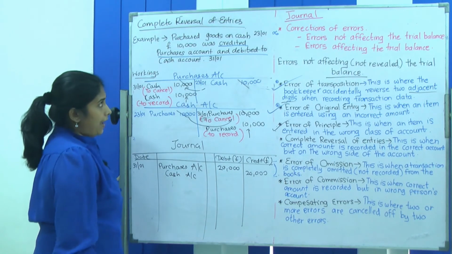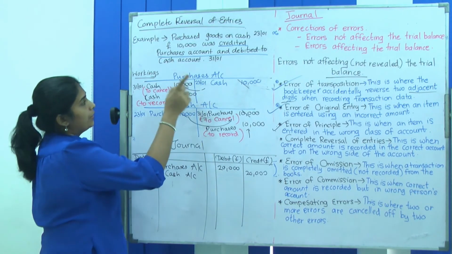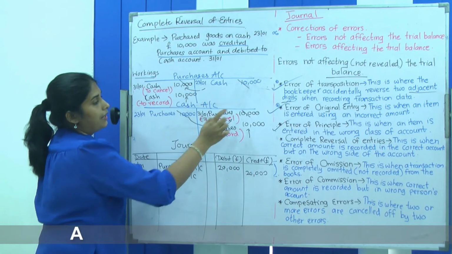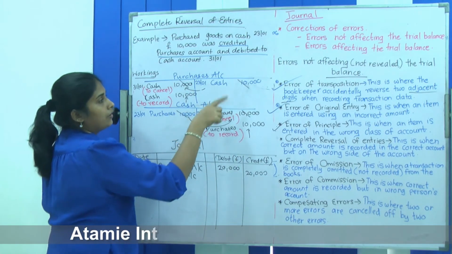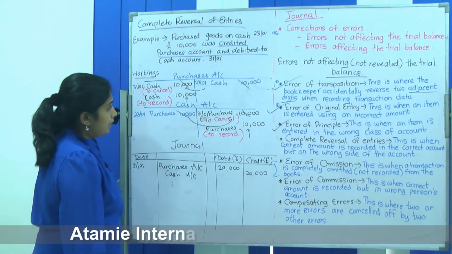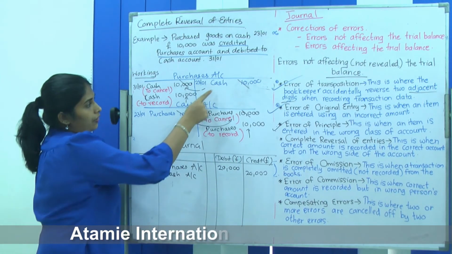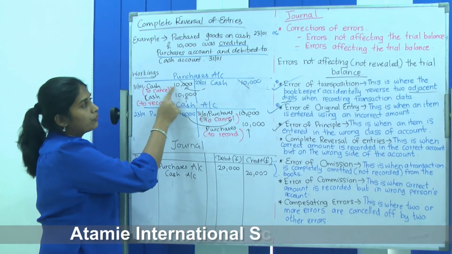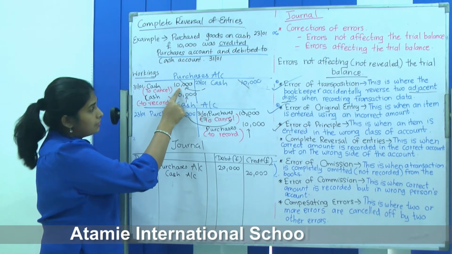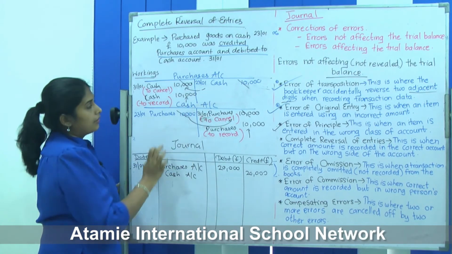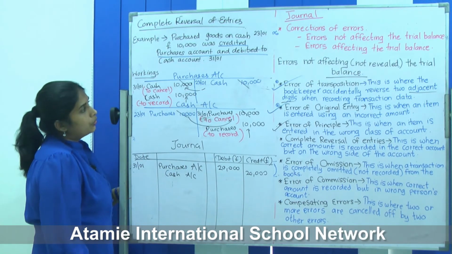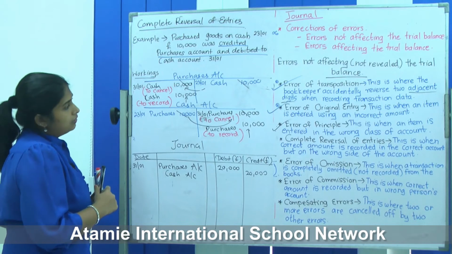So goods purchased on cash for 10,000 should be recorded as purchase debit and cash credit, but instead mistakenly they recorded it on the opposite side. So you need two entries. First, you record on the opposite side 10,000 to cancel, then another 10,000 to record the transaction correctly.